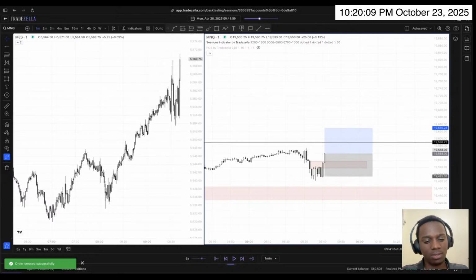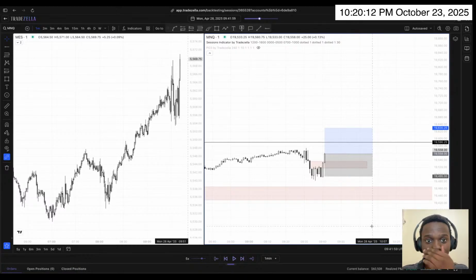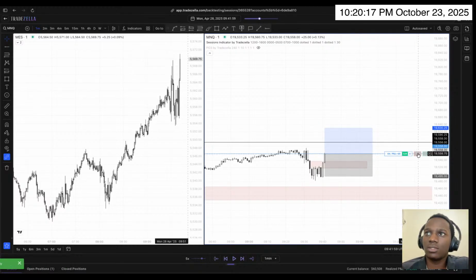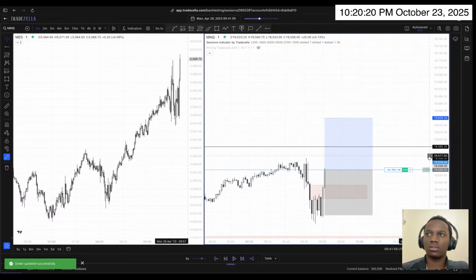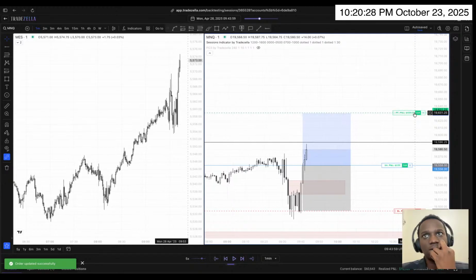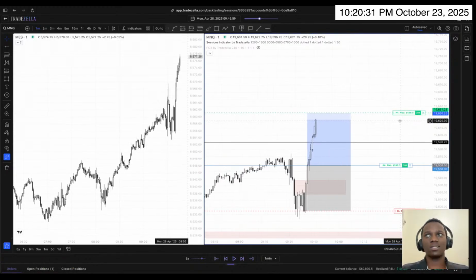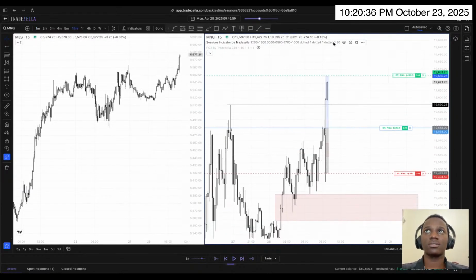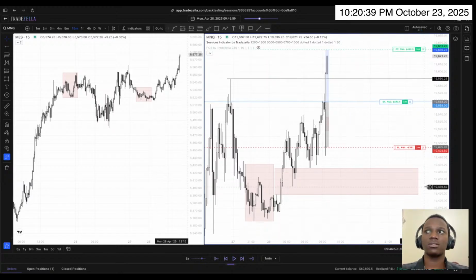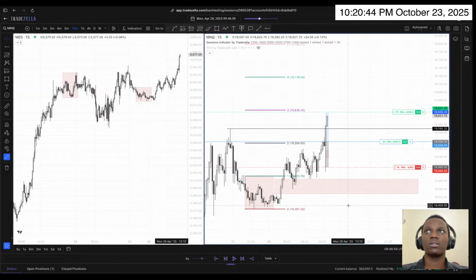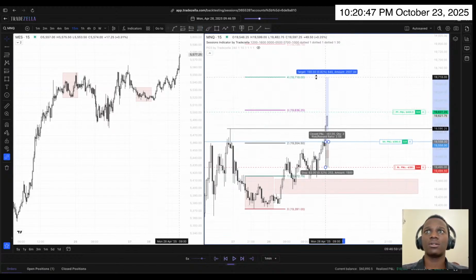That's 3. I can make it even more, I think. Will it hit there? I don't know.